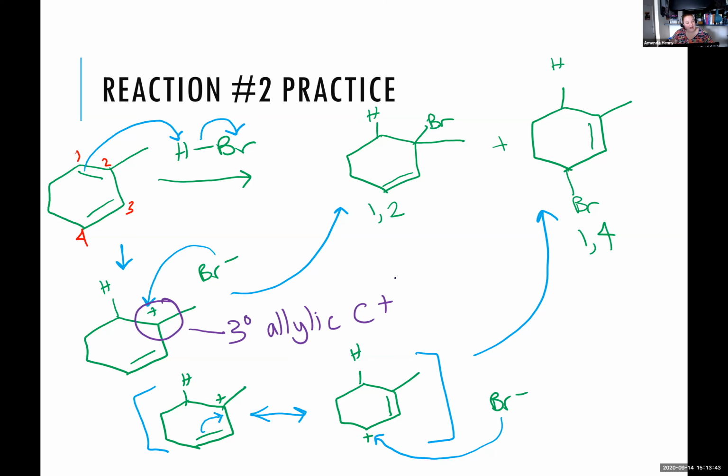If I would have gone the other direction, I would have made a secondary carbocation, and we know that tertiary is more stable. So I started with the pathway that was already going to give me higher stability. If the question asked you to draw all the possible products, though, then we would need to do the other one. But what we want to talk about next, where this is headed, is which one of these is our major product? And really, it's going to depend on the temperature that the reaction is done at.